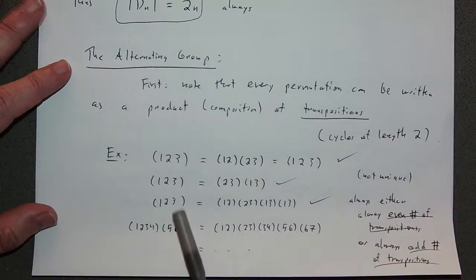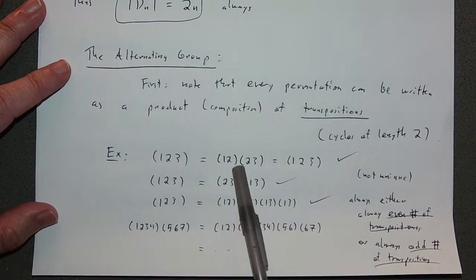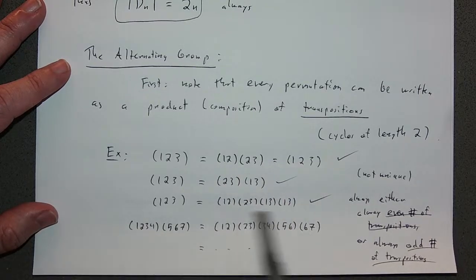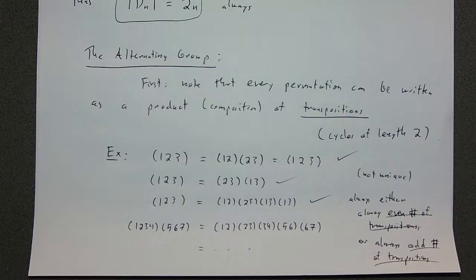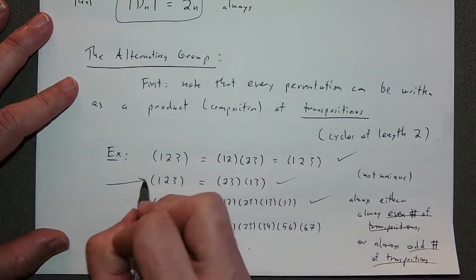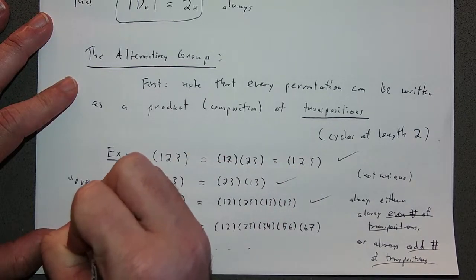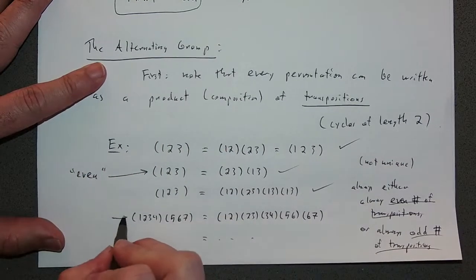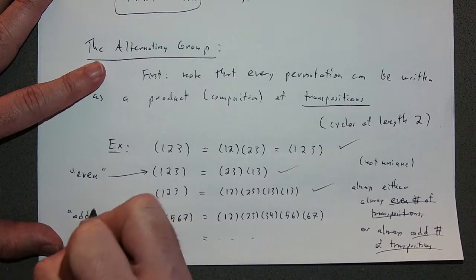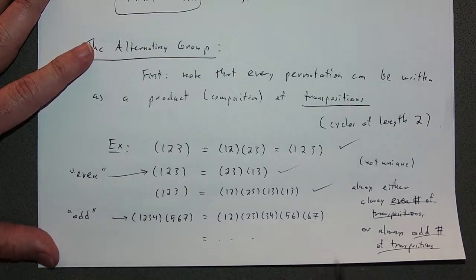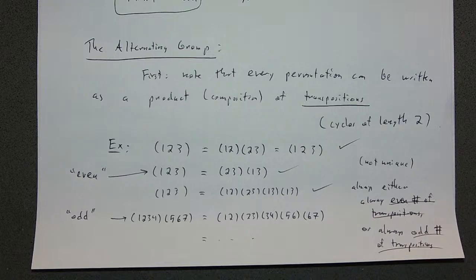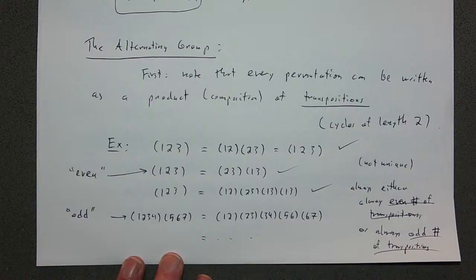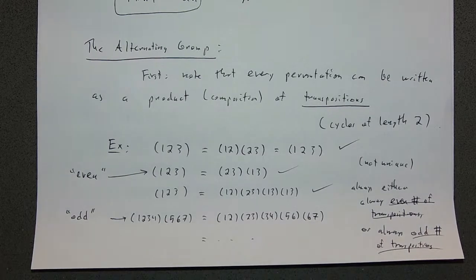So for instance, here I can write it as a product of these two, or these four transpositions. But in all cases, it is even. So 1, 2, 3 is even as a permutation, while this permutation is odd because I can write it as an odd number of transpositions multiplied together. And any way that I write this as a product of transpositions is going to necessarily be odd here. That's always how this is going to work.